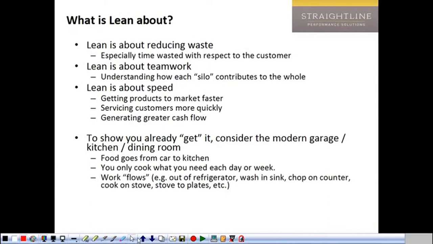But they do have different origins. For example, Six Sigma largely came from the quality movement. A lot of Six Sigma is about the techniques for reducing defects and reducing variation.